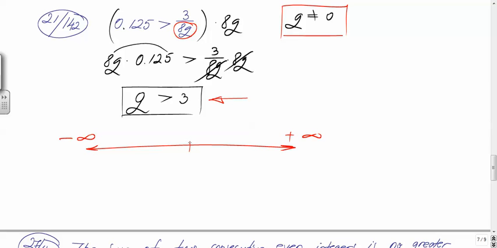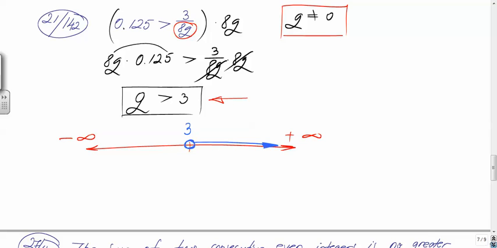Because it's greater than 3. This is my 3 on the number line. I will have an empty circle, right? And will be everything that's greater than that, all the way to positive infinity.